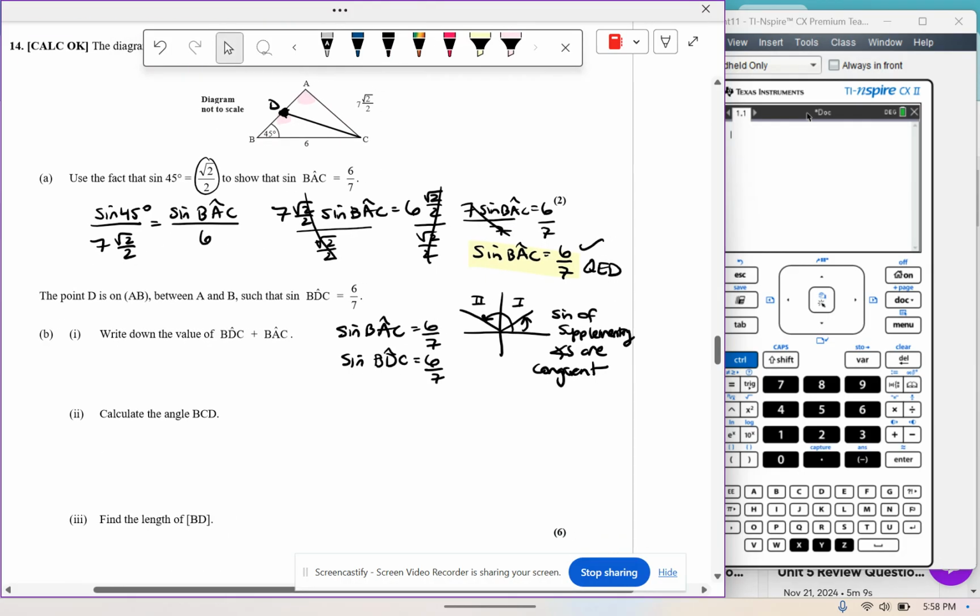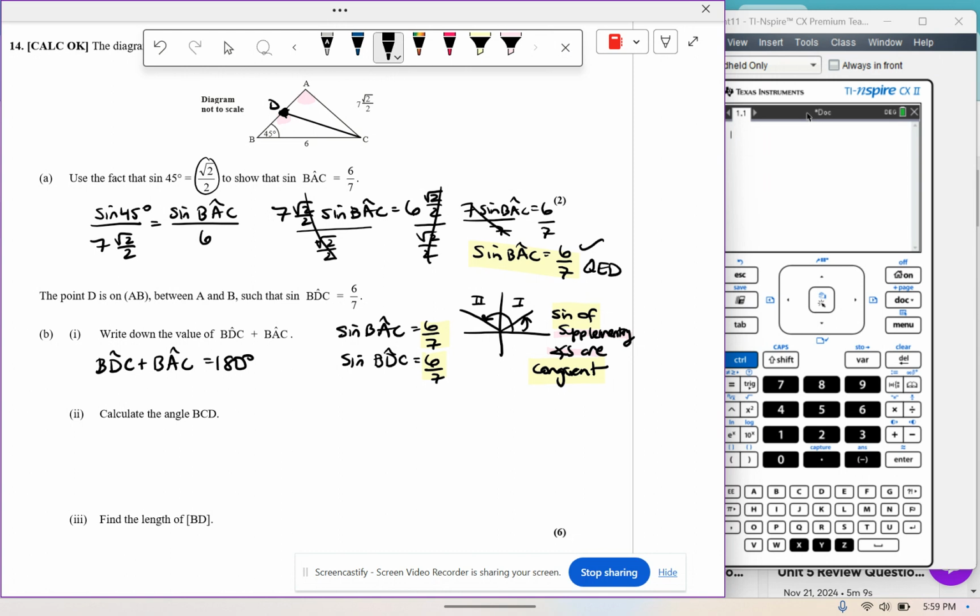So if the sines of those two angles are congruent, then they must be supplementary angles. And if they're supplementary angles, then BDC plus BAC must equal 180 degrees.